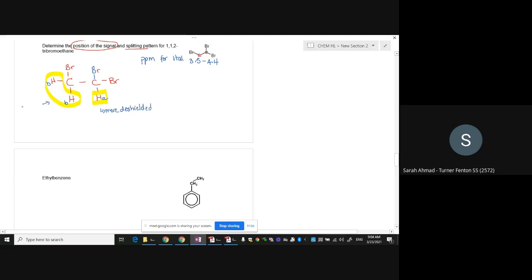And this is less deshielded because it only has one bromine next to it. I would say that this one would absorb around 3.5 and this one probably around 4.4. Or definitely I would say it's higher. Agree? So this will be more upfield. This will be more downfield.